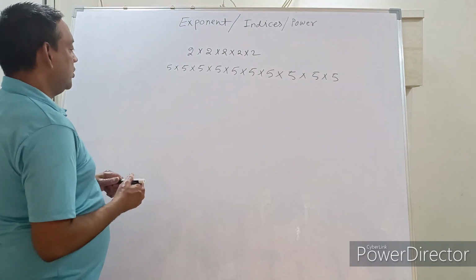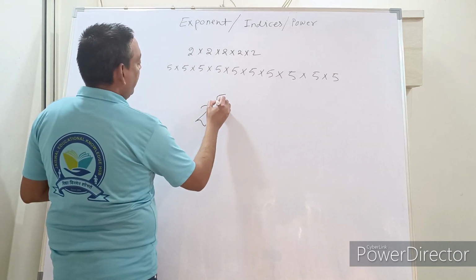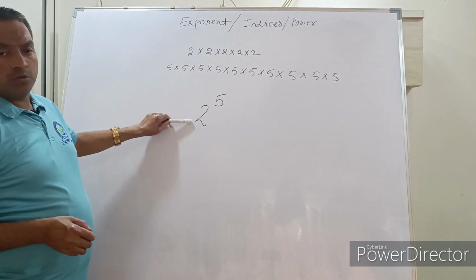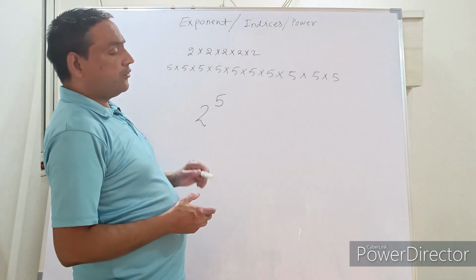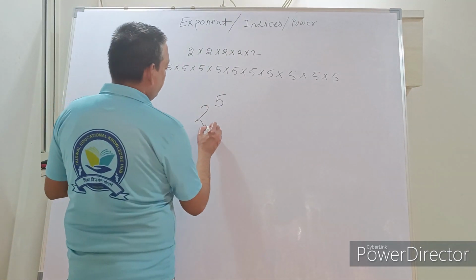Okay, so suppose we have something, 2 raised to 5. How to read this? 2 raised to 5 or 2 to the power 5.